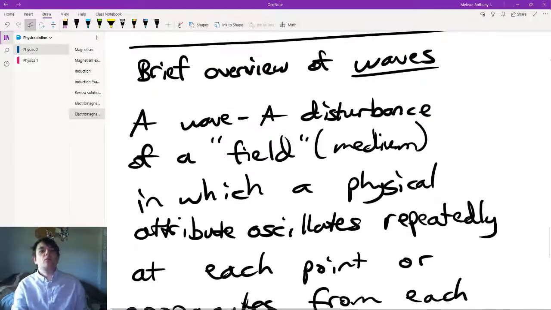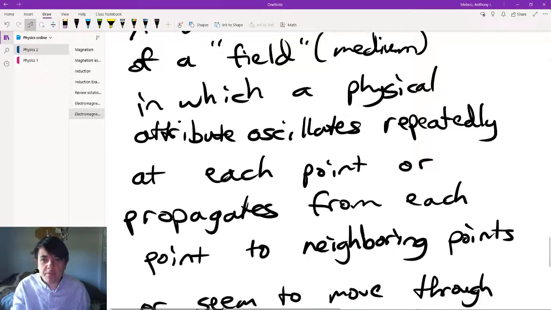So let's talk about this one more time. It's a disturbance of a field or a medium. Like I said, that could be the air. In the case of sound waves, that could be a drum causing a vibration. That could be an EM wave we'll talk about. And what's happening is you have a physical attribute that's oscillating. So the air, a gas molecule, is oscillating back and forth.